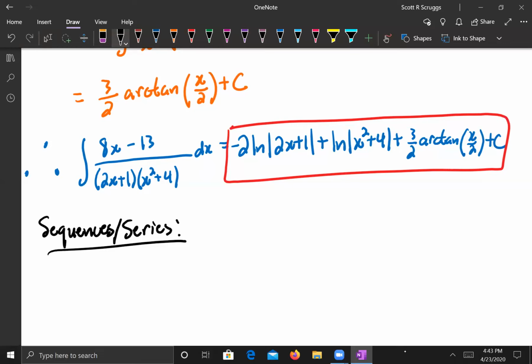So what I'm going to do is just do a quick recap of all the tests that we have, so that way we're all on the same page with the current tests that we have for convergence and divergence of series.